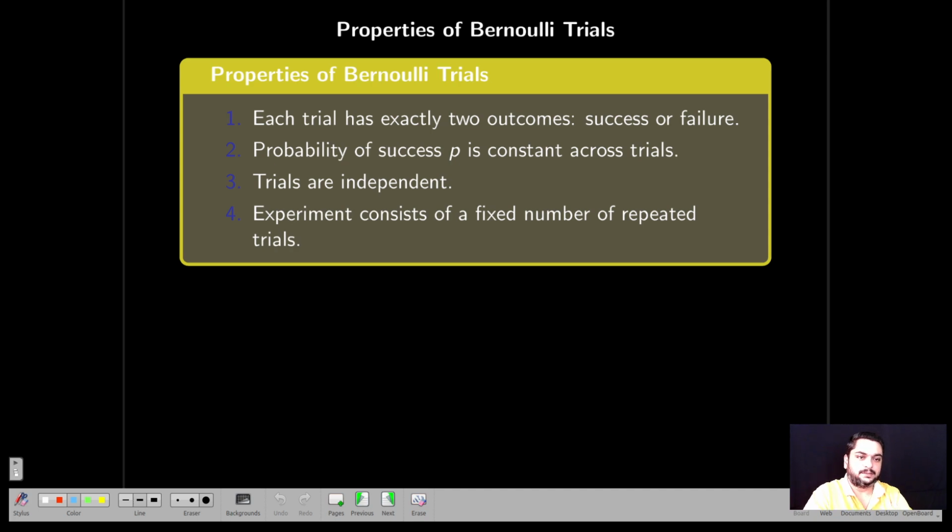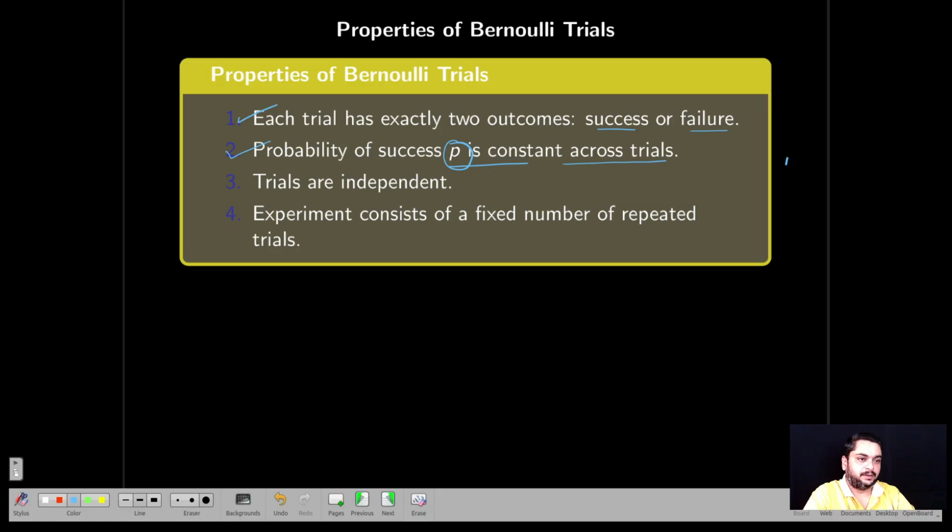What are the properties? Each trial has exactly two outcomes, that is, success or failure, defective, non-defective, pass, fail, like that. Probability of success p is constant across the trials. This is a very important point. For example, let us take tossing a coin. Every time the probability of head is 1/2 only.